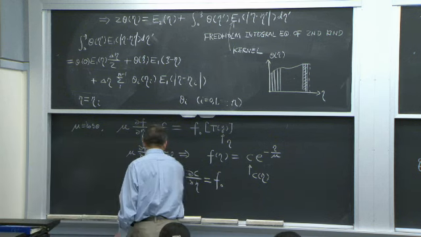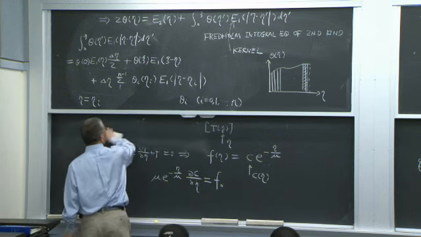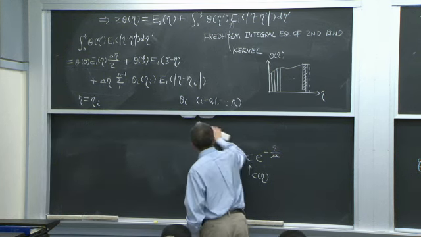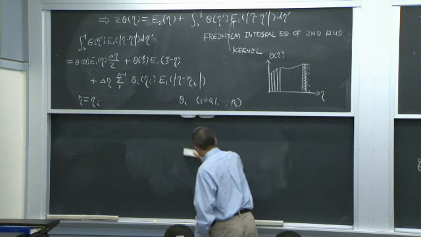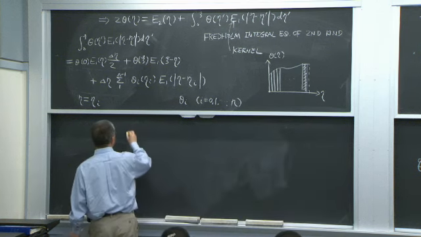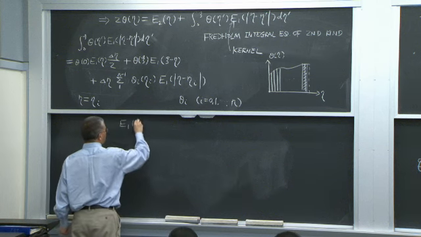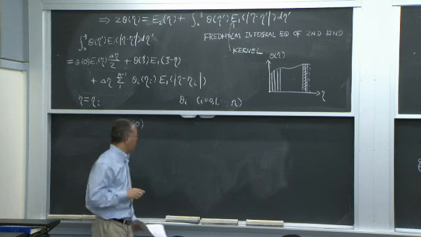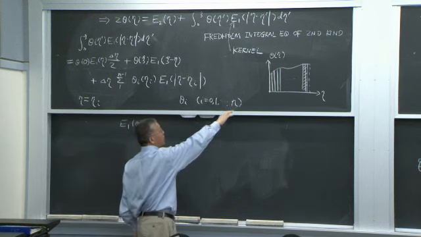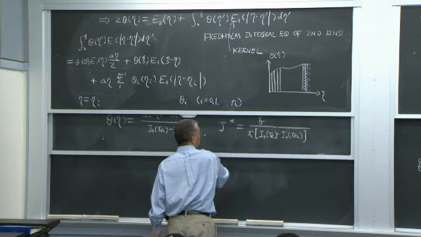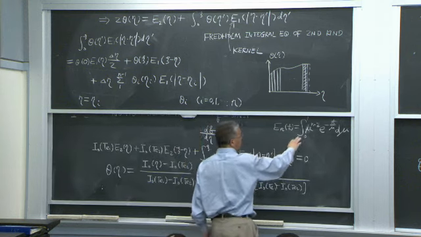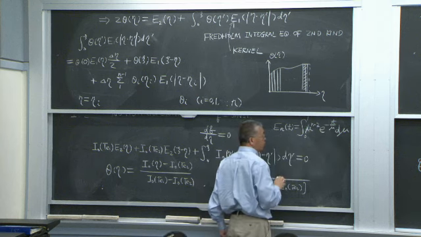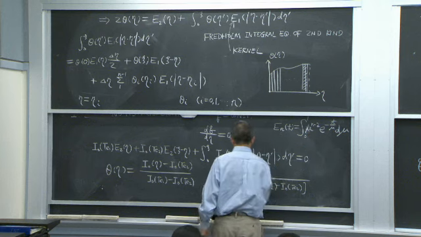This is the case when eta equals eta I. What is E1 of 0? If you look at my definition for the integral function, n equals 1, t equals 0, so it's the integral of 1 over mu d mu.